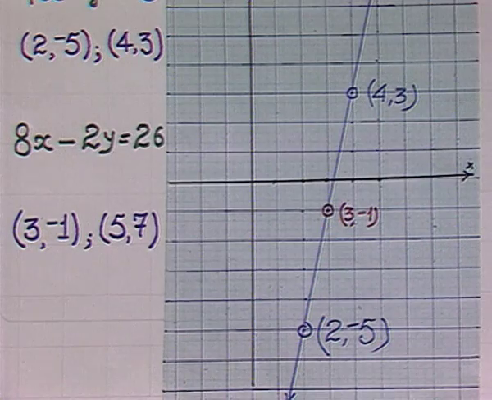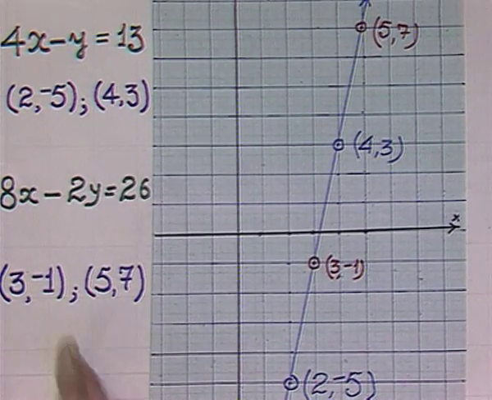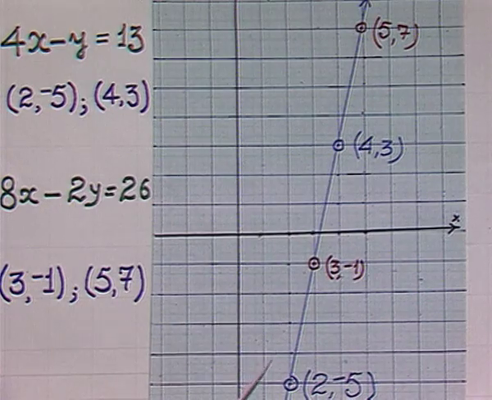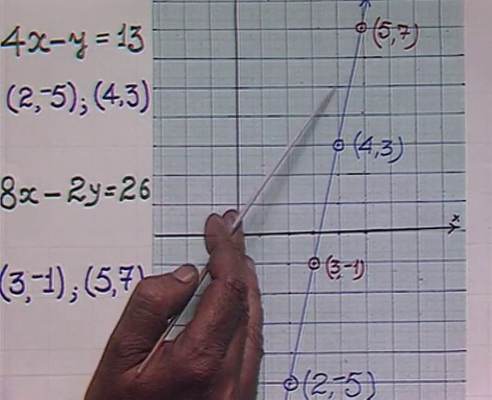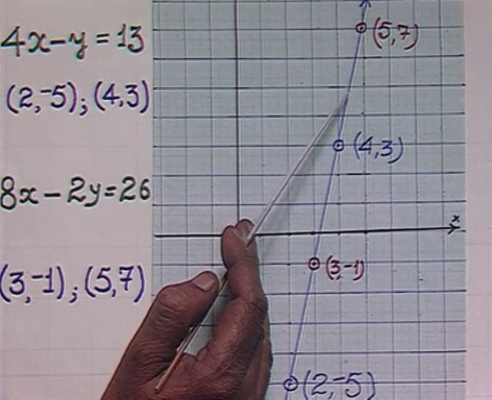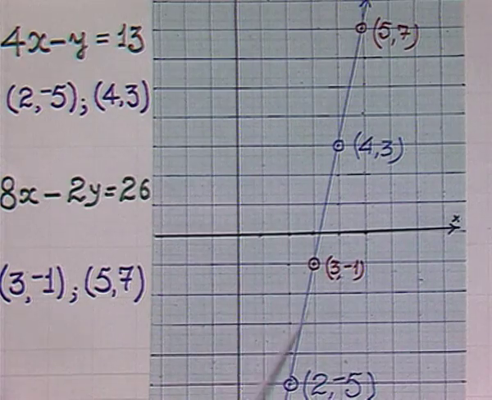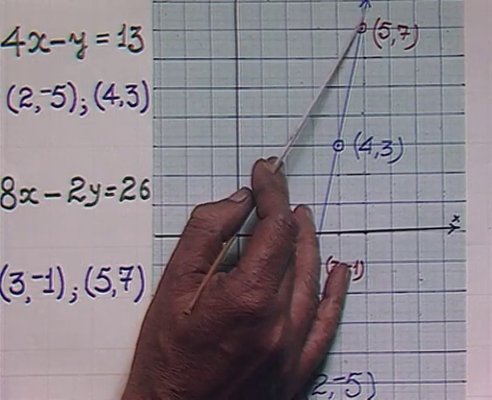So, what do you find? Here the ordered pairs for the first line and that of the second line are lying on the same line. So, what can we say? In the previous case we saw the lines were intersecting, but here the two lines are just overlapping each other. So that means how many ordered pairs are there on this line?